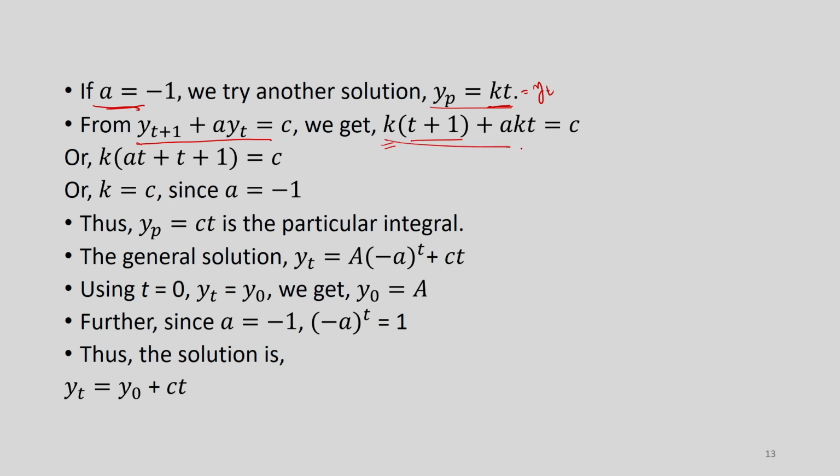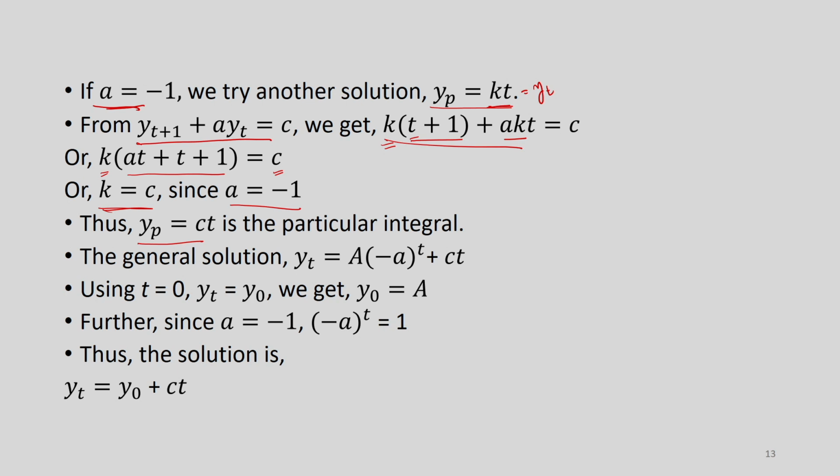From the left hand side I can take k common, and within the brackets I have a t plus t plus 1. From here I will get a t, then t plus 1. On the right hand side I have only small c. But if a is equal to minus 1, here I can write minus t, and minus t and plus t will get cancelled. So, I am just left with k is equal to c. So, this is the solution of the particular integral.